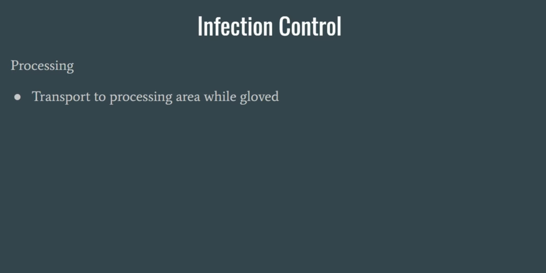First thing is going to be transport the films or the receptors to the processing area while gloved. Then you're going to remain gloved while removing the films from the envelope, or depending on the sequence of events, you may need to re-glove before you go ahead and open up and separate the film from the envelope.